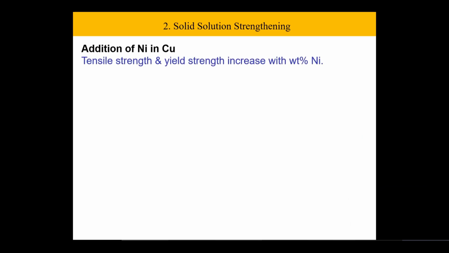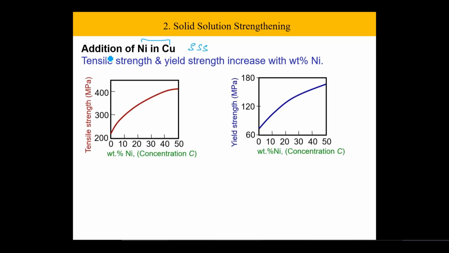For example, addition of nickel and copper. Nickel and copper are substitutional solid solutions, and we see that the tensile strength and the yield strength of the material increases as the weight percent of nickel is increasing in the material.